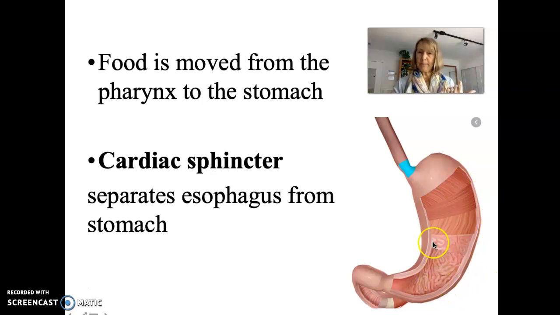Protected by the mucus, but if this is going to backtrack, that pH 2 is going to be very corrosive here on the esophagus. So one sphincter is here at the entryway, that's the cardiac sphincter. We're going to have another sphincter at the exit, right? So it's not to let food too quickly into the intestine, into the duodenum, if it hasn't been churned enough.